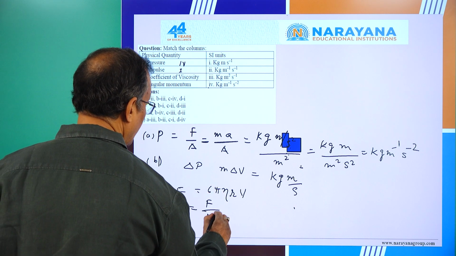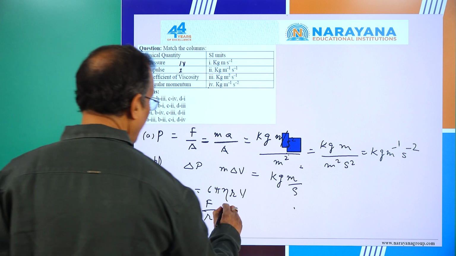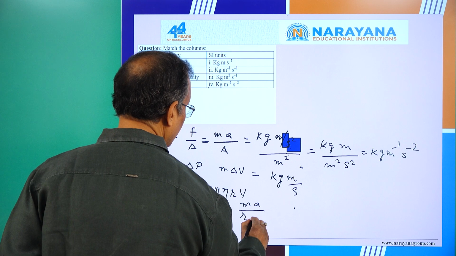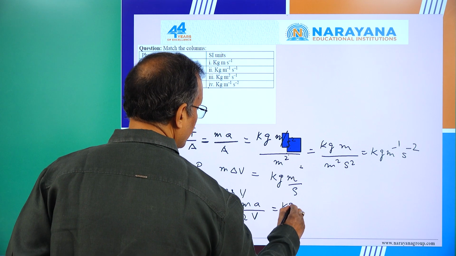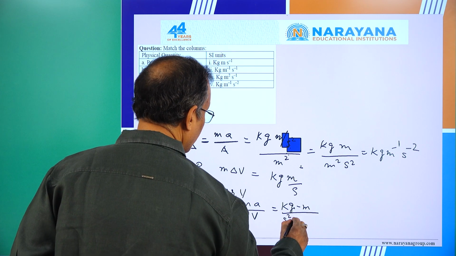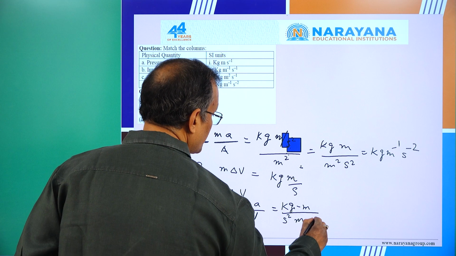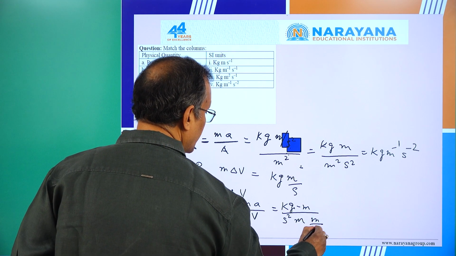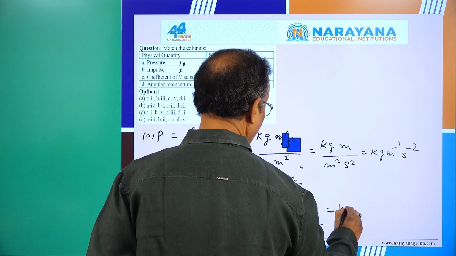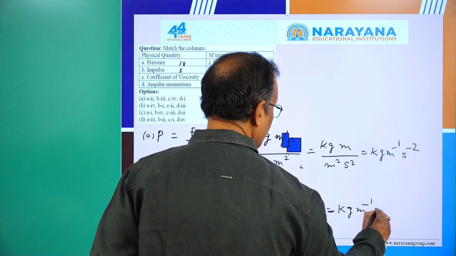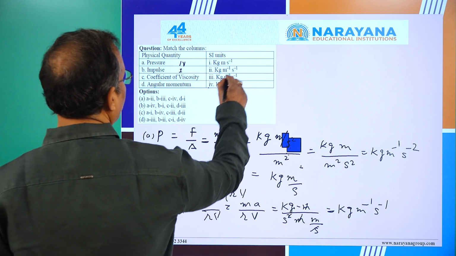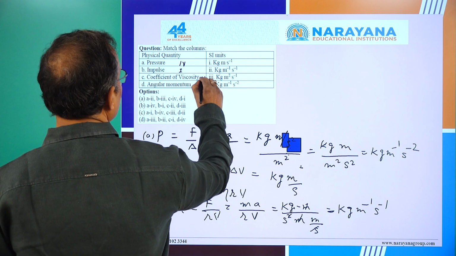F is m into a, so kilogram meter per second square, divided by r meter and v meter per second. Second and meter cancel, and it will become kilogram meter minus 1, second minus 1. So this will be 2.